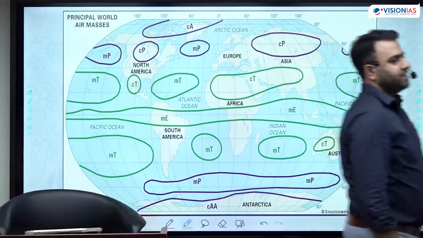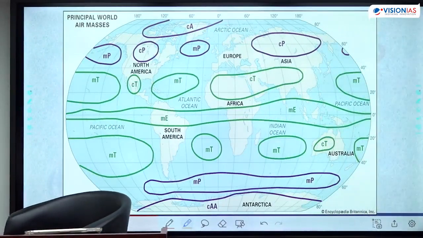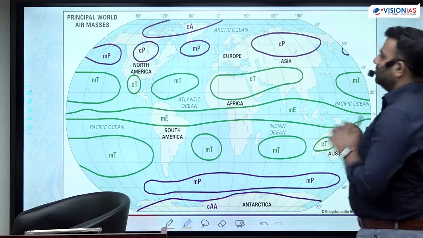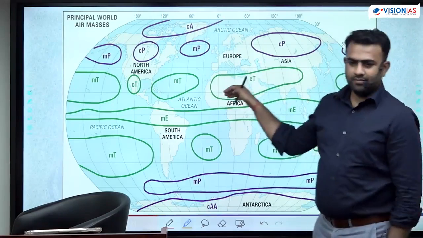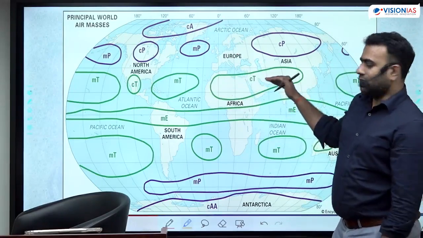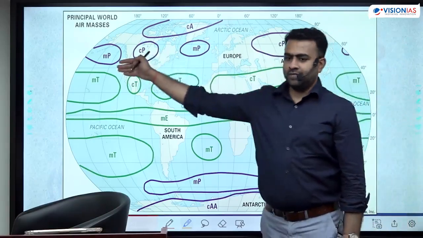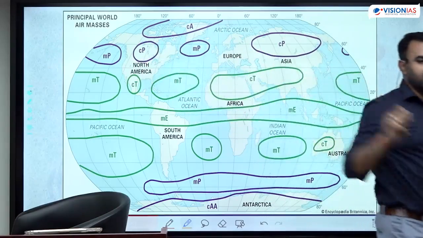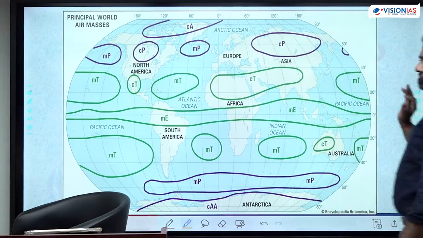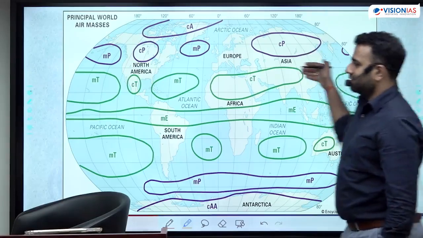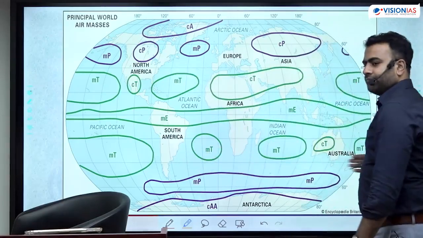It is the region where two contrasting air masses usually meet. Here there is both cold and cold. Here there is both warm and warm. Two contrasting air masses meet here, usually the polar and tropical air masses, as well as here.